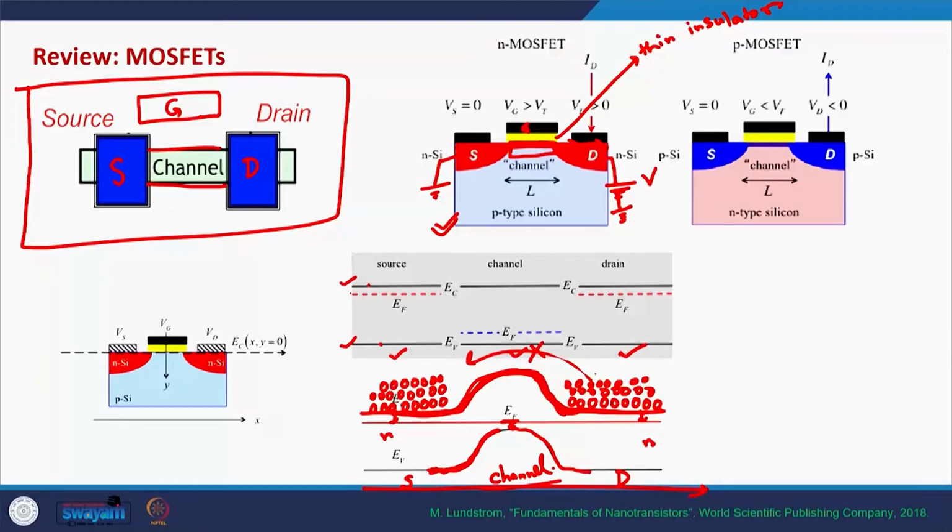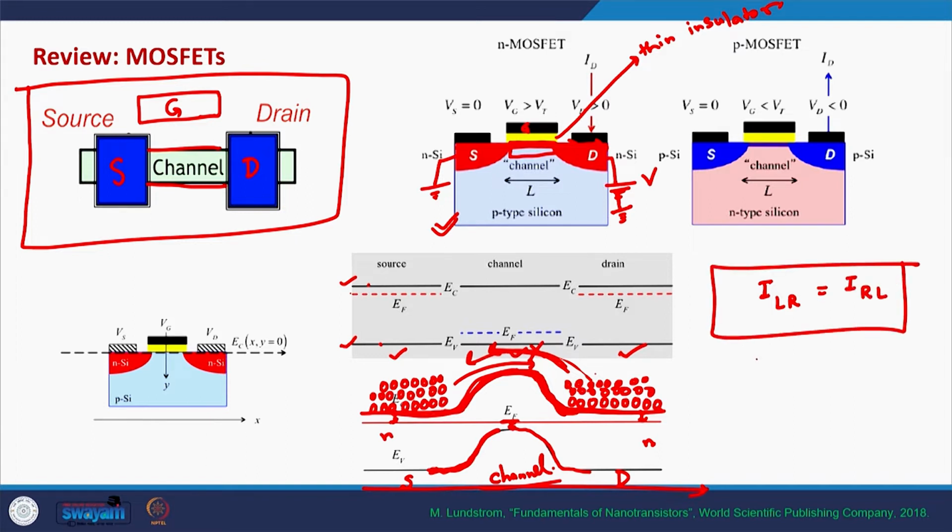So that is the situation in equilibrium, and at most what happens is that the number of electrons that cross the barrier from left to right is equal to the number of electrons that cross the barrier from right to left, which means that the current from source side to the drain side is equal to the current from right to left.